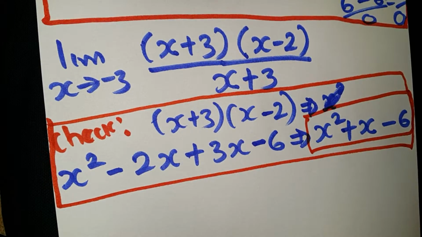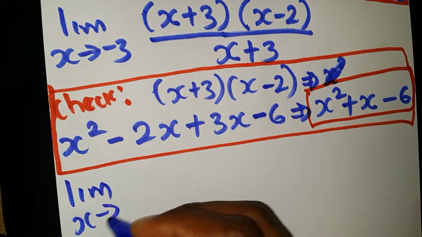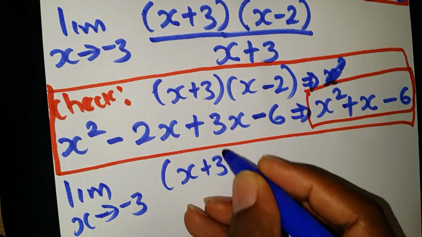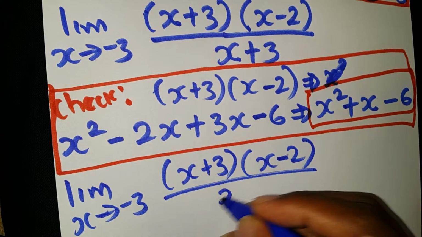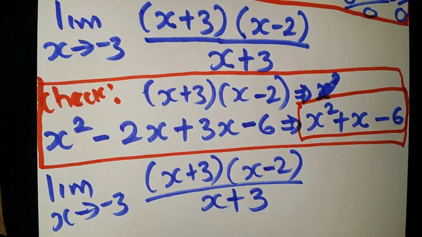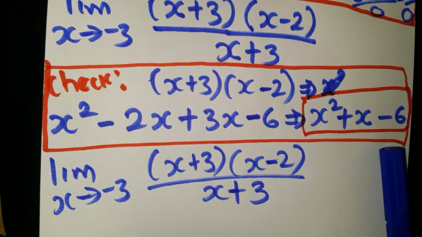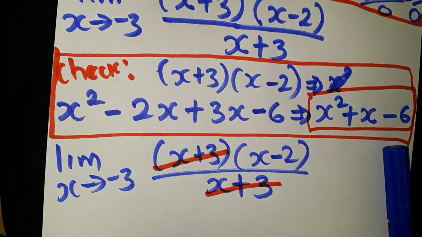We have limit x tends to minus 3, (x + 3)(x - 2) divided by x + 3. So again, x + 3 and x + 3 will cancel.